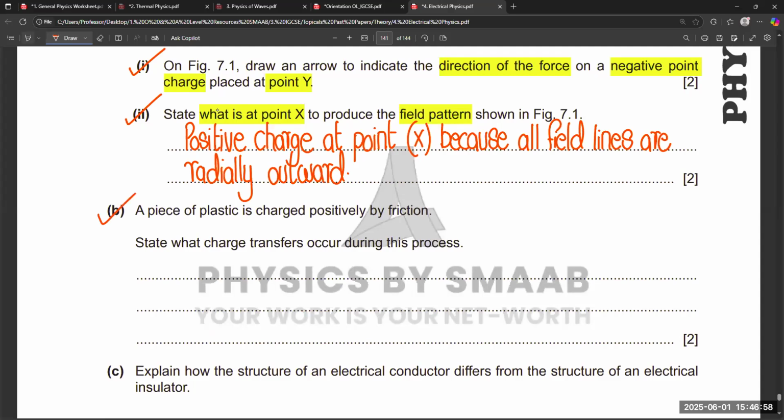B part is a piece of plastic is charged positively by friction. State what charge transfer occurs during this process. Now, this is another topic that we have to study in this chapter, which is about the transfer of charges.